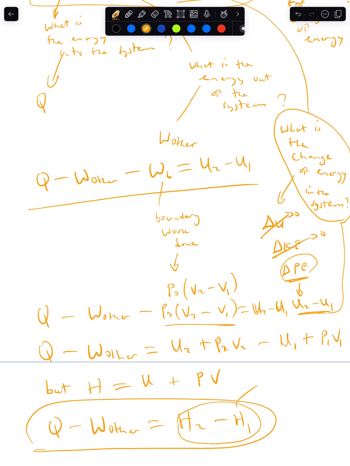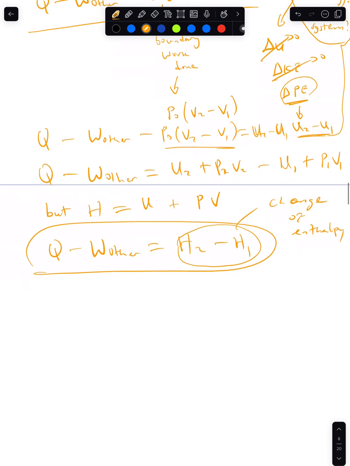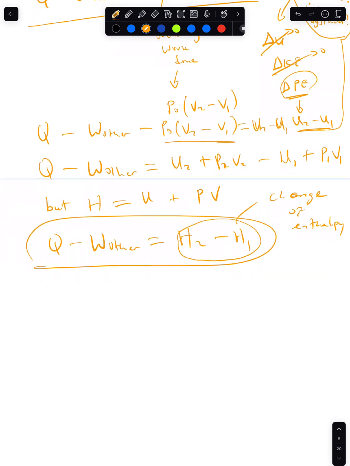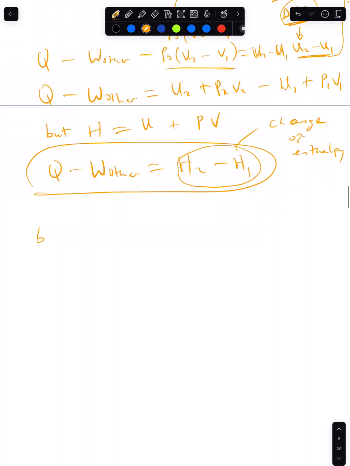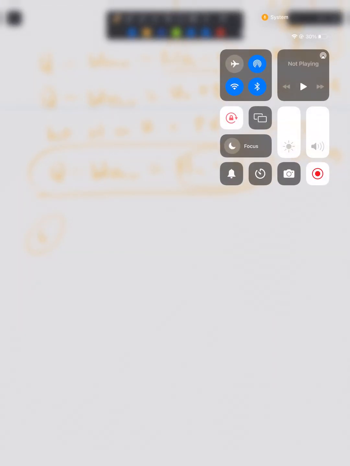And this is the change of enthalpy. That's the change of enthalpy. So that is the first part. Let us look at part B.